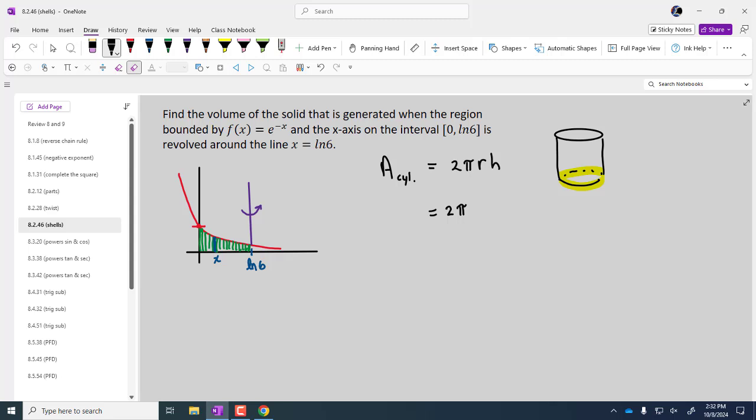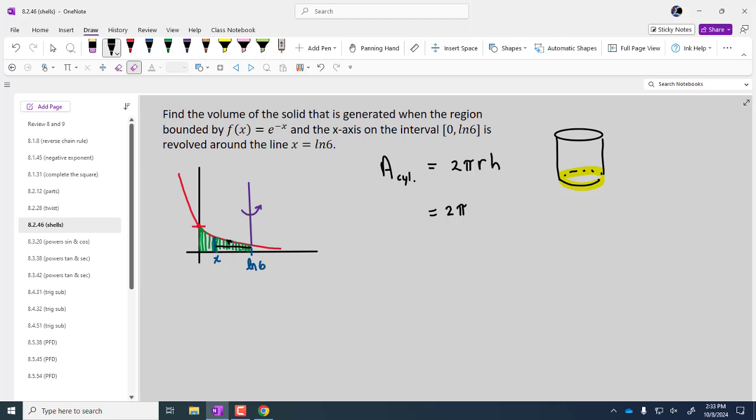So the radius is going to be the distance from your element over to the axis of rotation. So there is our radius. Anytime we have a horizontal distance, we do the right x minus the left x to get the length.